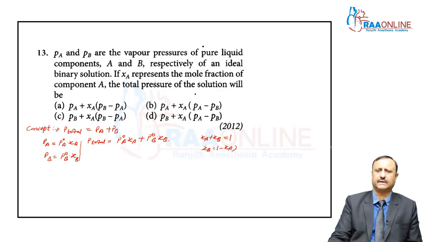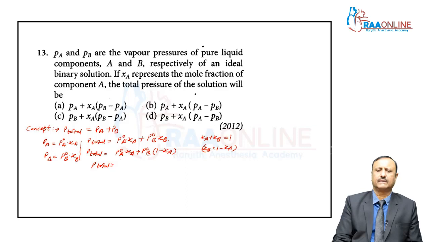So, P total is equal to P0A into XA plus P0B into, in place of XB, we can put 1 minus XA. So, you can get P total equal to P0A into XA plus P0B minus P0B XA.